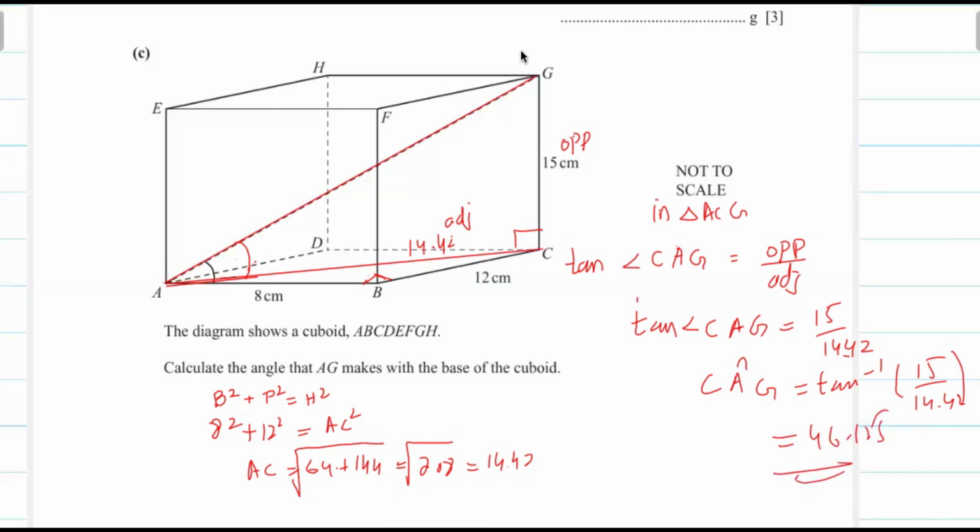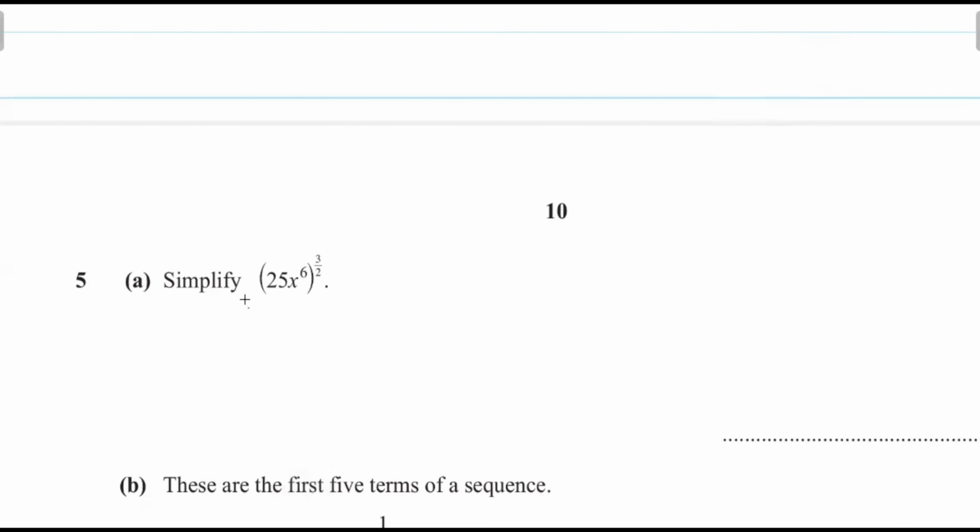This is the answer. Question 5 part A: simplify (25x^6) whole power 3 over 2. We can write 25 as 5 power 2, and x power 6 as it is, whole power 3 over 2. Now when we open the bracket, 5 power 2 into 3 over 2 and x power 6 into 3 over 2.